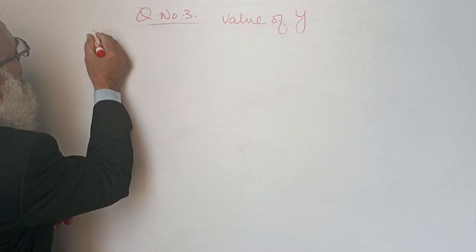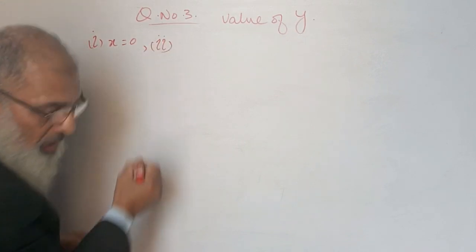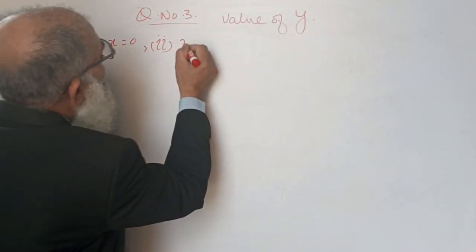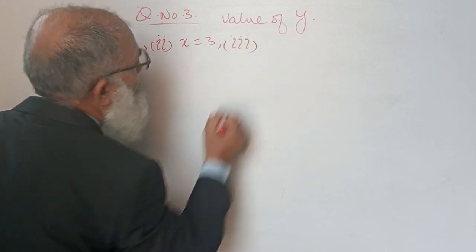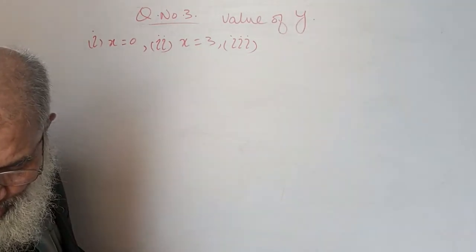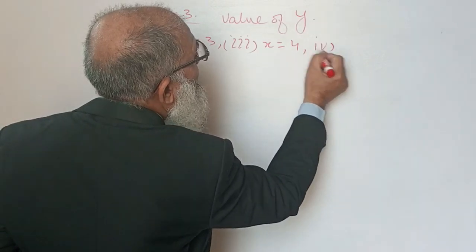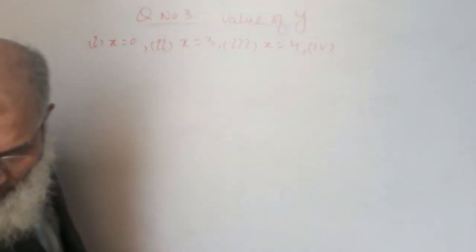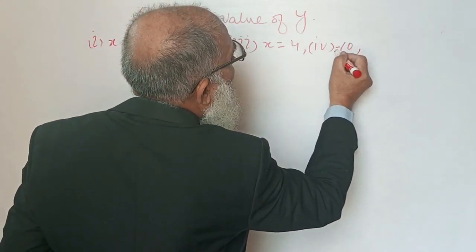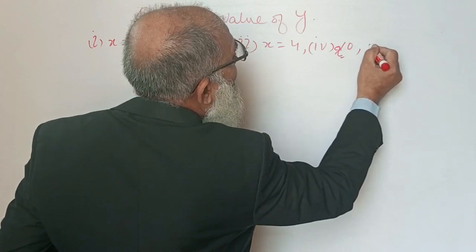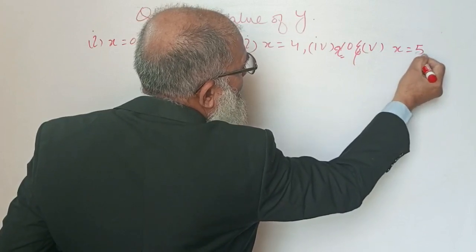Now these are given: when x is equal to 0, when x is equal to 3, when x is equal to 4, when x is equal to 10, and for the fifth, x is equal to 50.